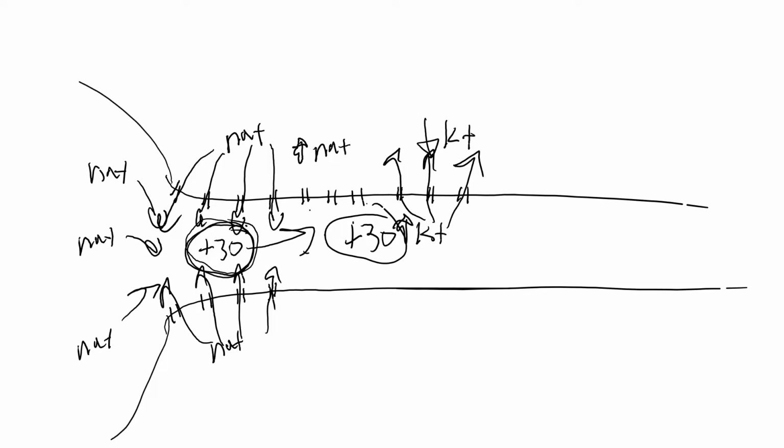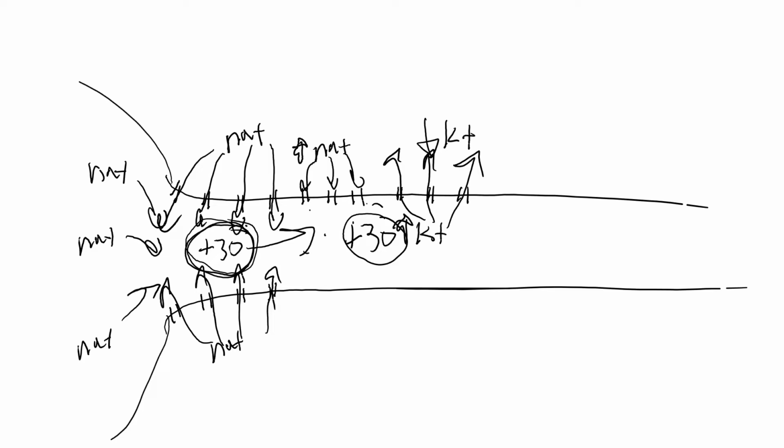But now we've depolarized this region to positive 30, so that negative electrical driving force pulling the sodium ions in is gone. So thus the rate at which sodium is going to come in, if the interior is positive 30 millivolts, is going to be decreased.